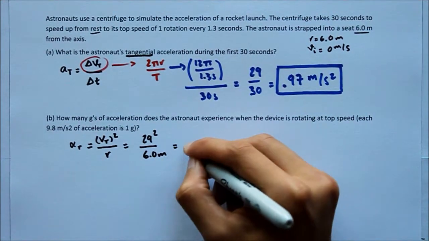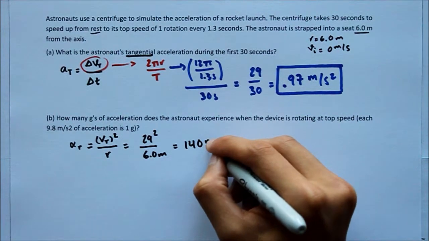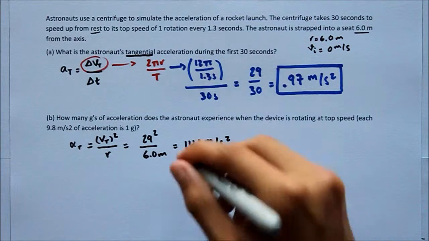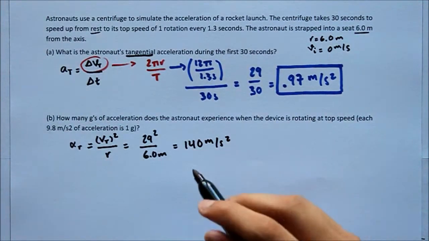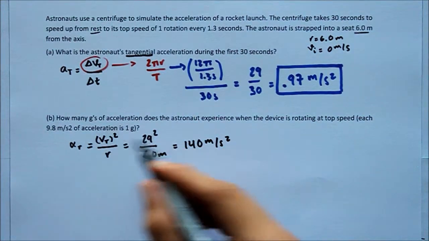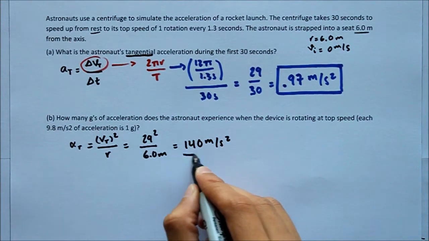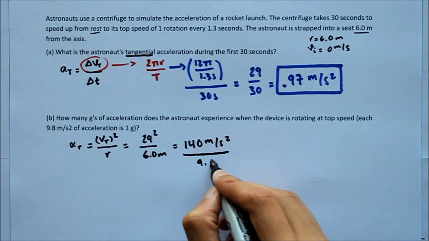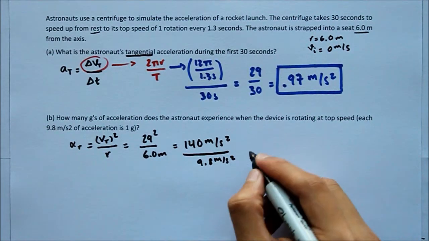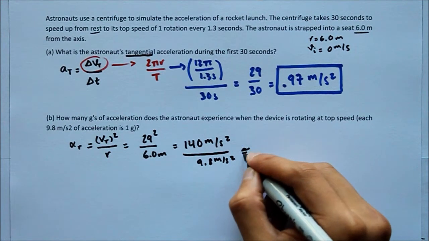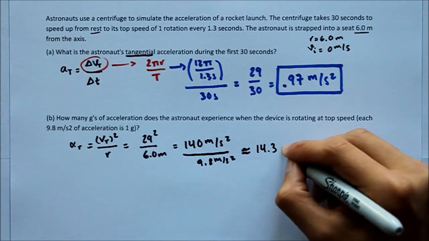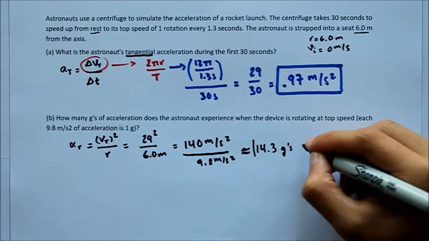And you're going to get 140 meters per second squared as your rotational acceleration, which is pretty ridiculous. But we cannot stop there because, remember, it says in terms of g, and it gives us that a g is 9.8. So all we have to do is divide this by 9.8 meters per second squared. The meters per second squared goes away, and we are going to be left with approximately 14.3 g's. That's the first way to do it.